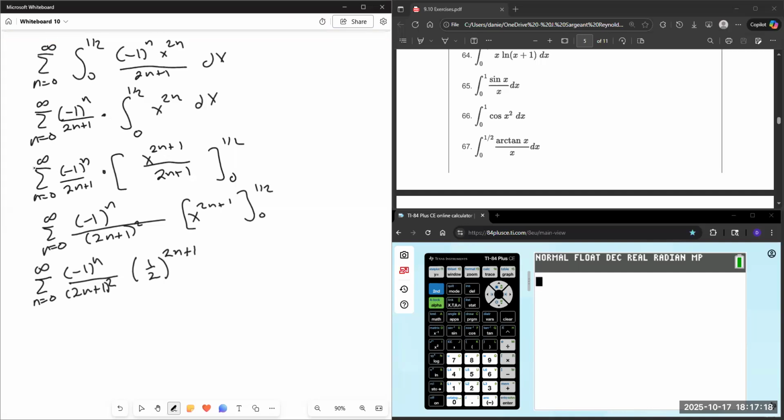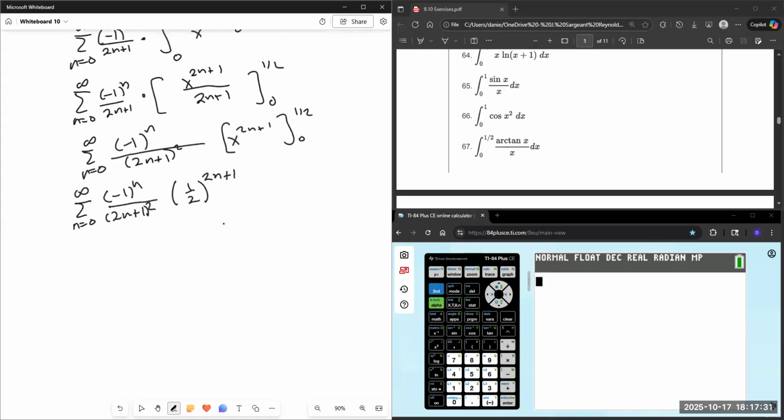If I put 0 in here, everything becomes 0, so I don't need to subtract a bunch of zeros. I can make this equal to the summation n equals 0 to infinity of (-1)^n over 2^(n+1) times (2n+1) quantity squared. So that's exactly what it equals in terms of a series solution.